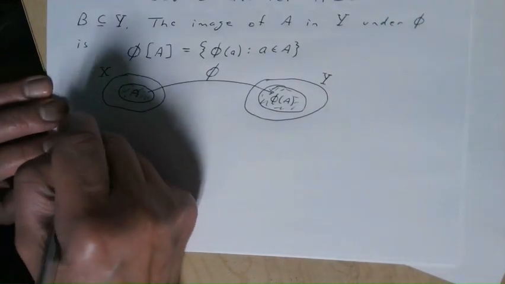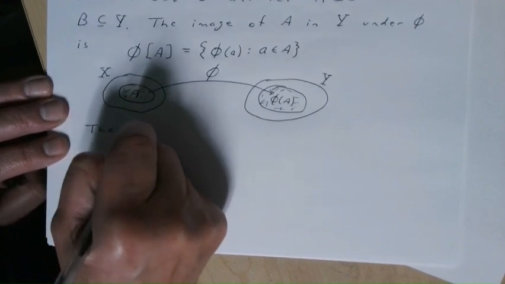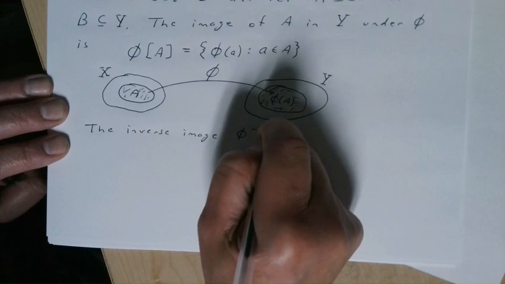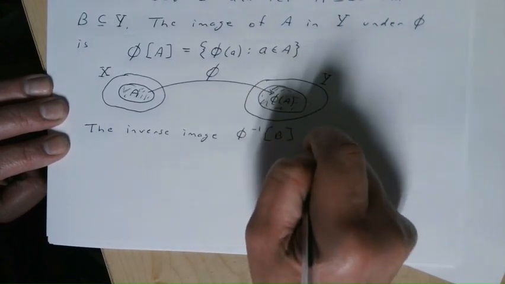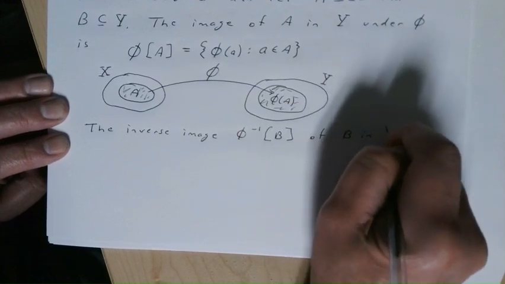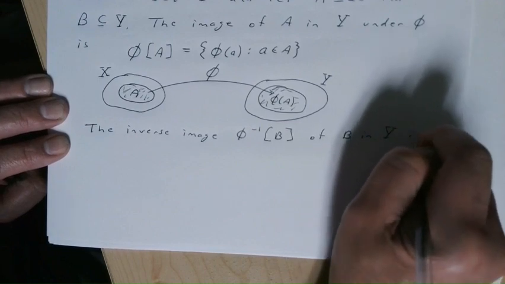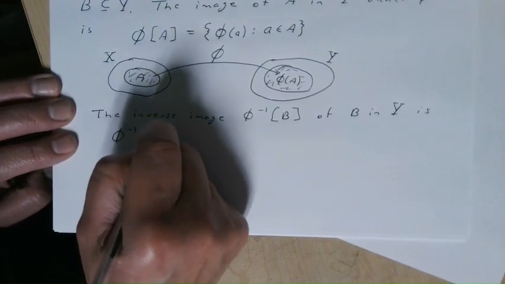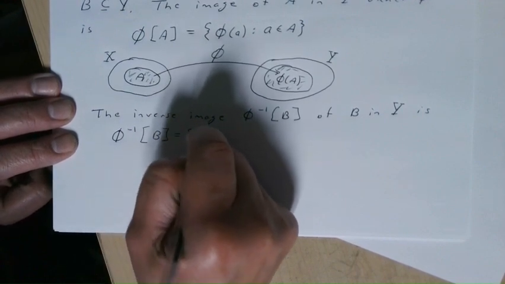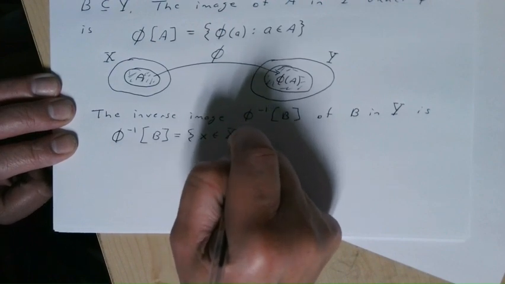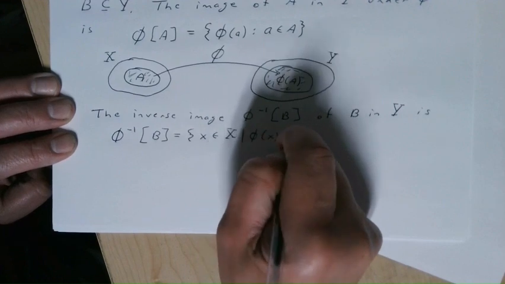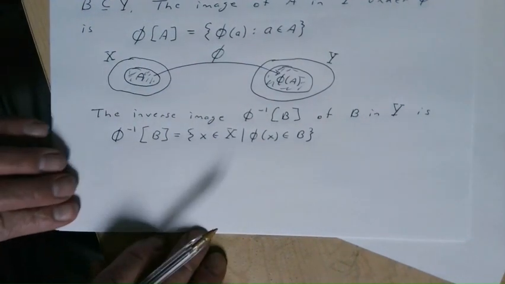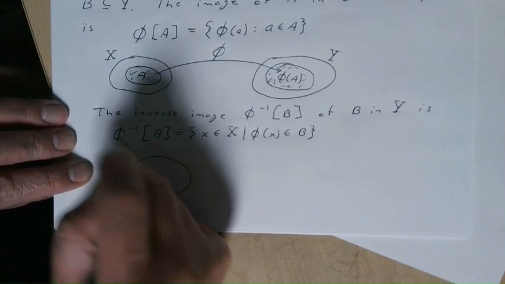And the inverse image of B in Y is phi inverse of B, the set of X such that phi of X is in B. So again, let me make a little picture, which is probably a better way to understand the inverse image.